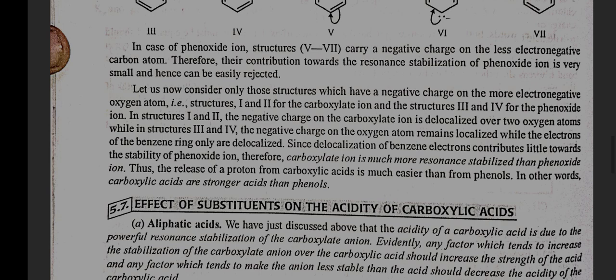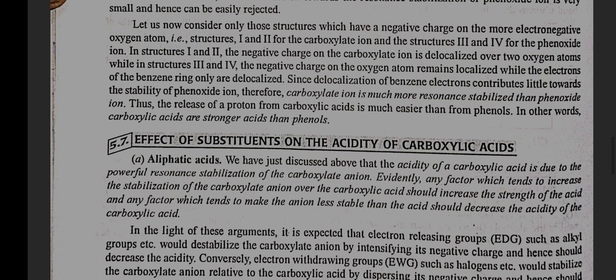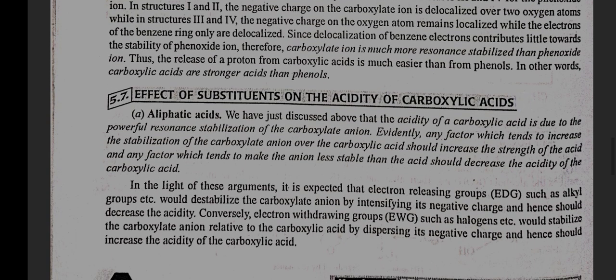Since delocalization of benzene electrons contributes little towards the stability of phenoxide ion, the carboxylate ion is much more resonance stabilized than phenoxide ion. Thus, the release of a proton from carboxylic acid is much easier than from phenols. In other words, carboxylic acids are stronger acids than phenols.